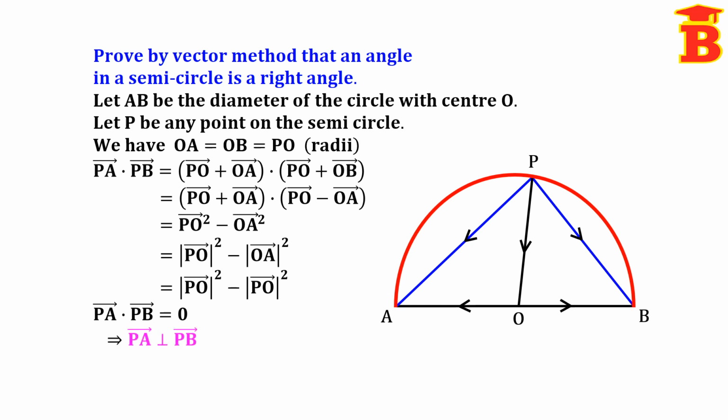So this implies PA vector perpendicular to PB vector. Therefore the angle APB is 90 degree. That is, this angle P is 90 degree. That is what we have to prove. So the angle in a semicircle is right angle.